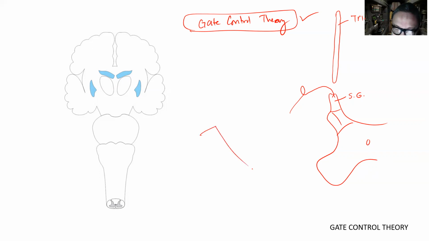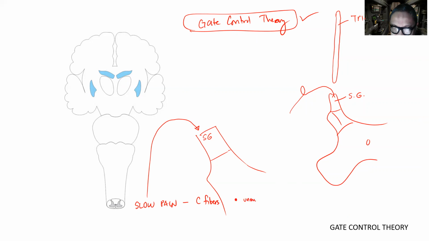So basically, your gate control theory states that if this is your substantia gelatinosa, if you have a pain impulse coming in, you have two types. You have slow pain, that's your C fibers. C fibers are small, unmyelinated.